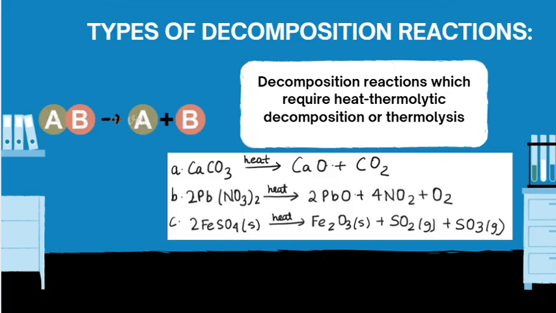And the third example here is 2FeSO4, which is a solid. Under heat it will give us Fe2O3, which is once again a solid, plus SO2, which is a gas, plus SO3, which is a gas. I hope this was clear.